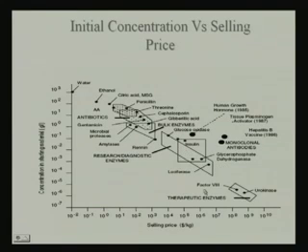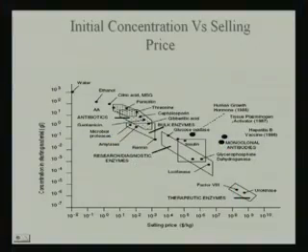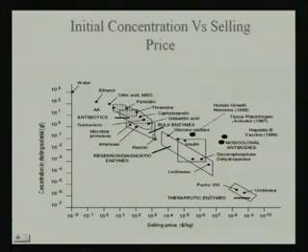These are very small in volume, but price-wise, selling price-wise, they are very costly products. But there is another group of chemicals and biochemicals which are high volume and very low price. So we have to have a very clear concept of where in this graph my product is lying, and based on that we can fix the strategy of purification.